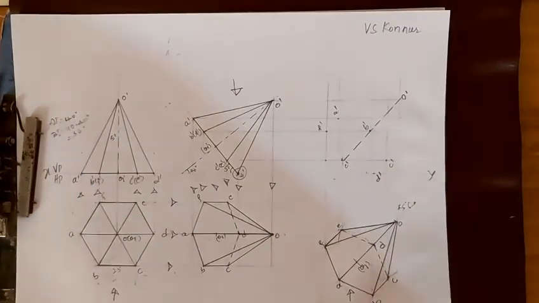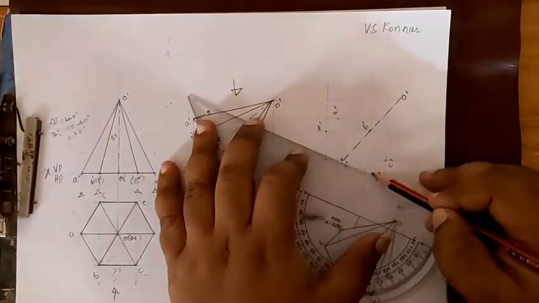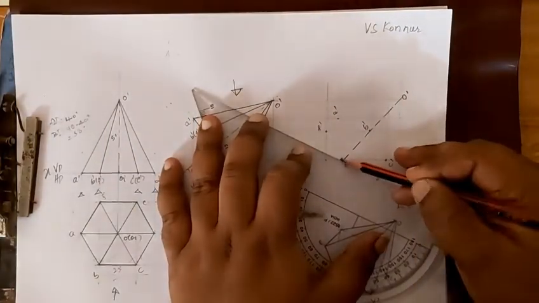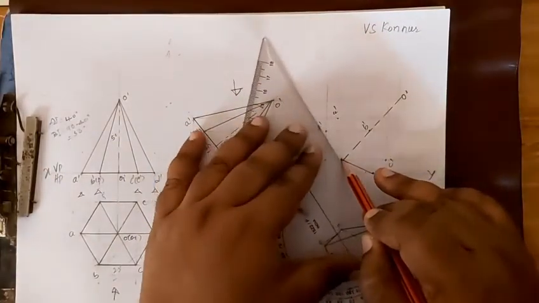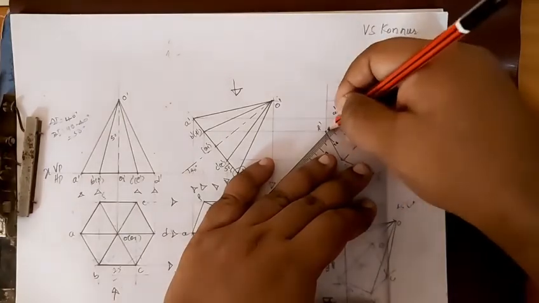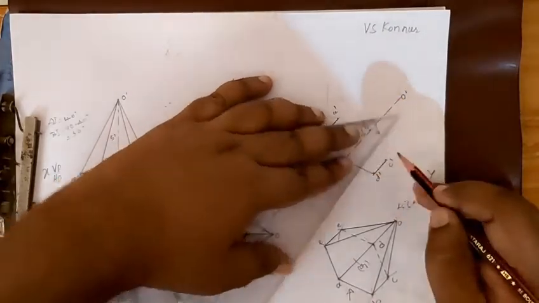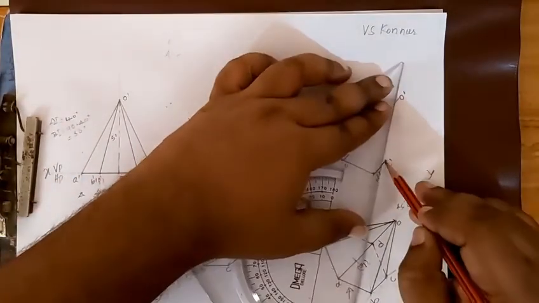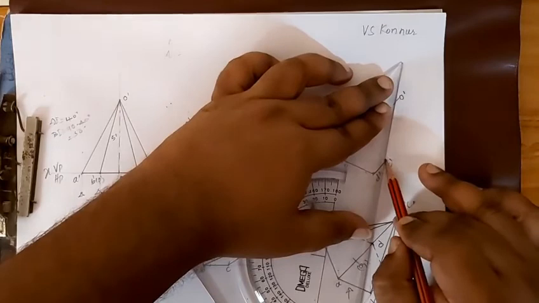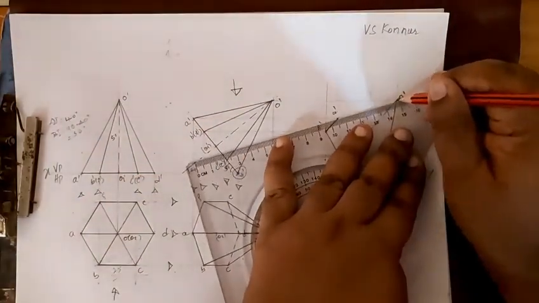We'll make OE dash, and then we'll make the borderline continuous first, then we'll think. These are the border lines.